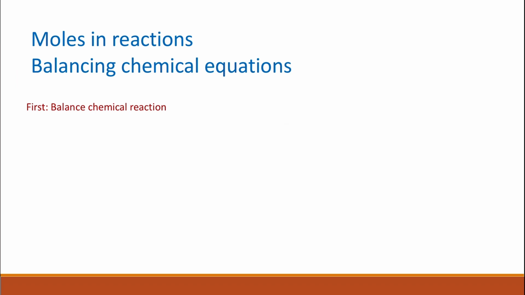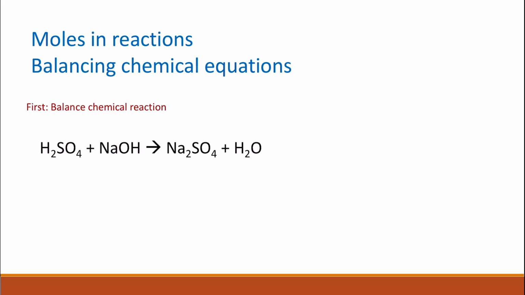When you calculate the number of moles in a reaction, you need first to balance your chemical equation. Balancing a chemical equation is critical to accurately calculate the moles in a chemical reaction. So let's have an example of a reaction and see what the rule is for balancing our equation.